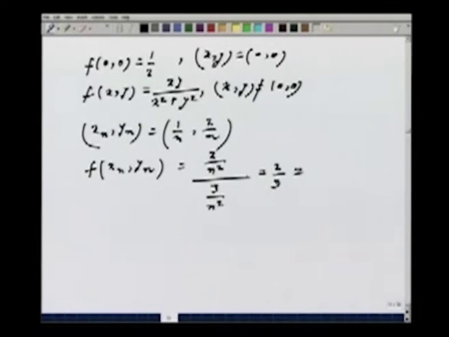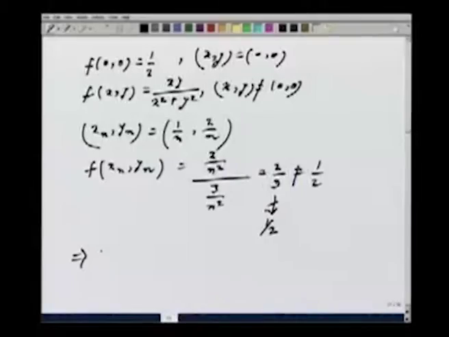It's not equal to half again. Hence this does not converge to half. So in this case, whatever way you define f of 0, 0, you cannot make it continuous. This implies f is not continuous.